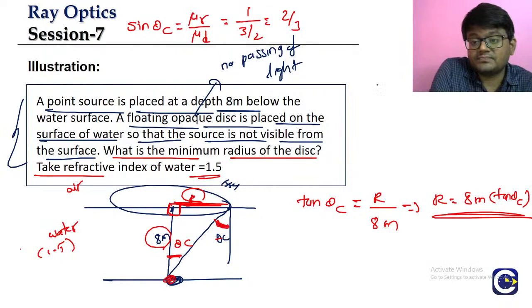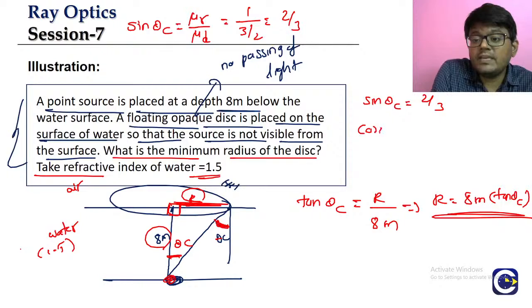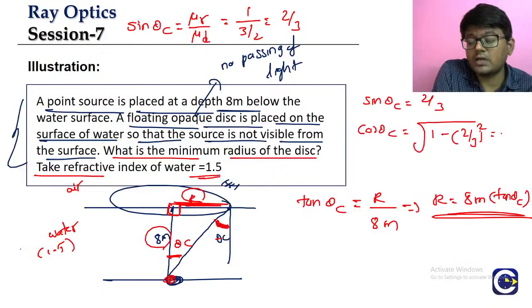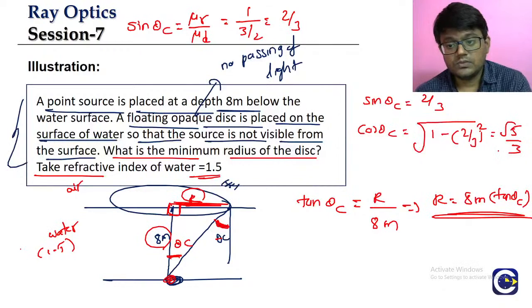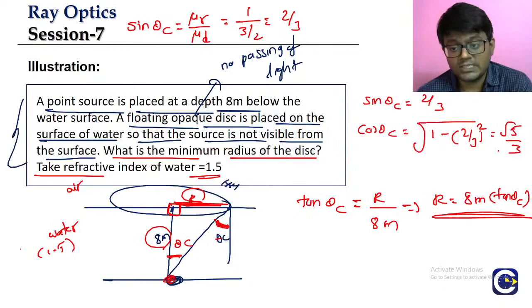Remember guys, sin theta is 2 by 3. From here we can find cos theta. Cos theta will be root of 1 minus sin square theta, right?